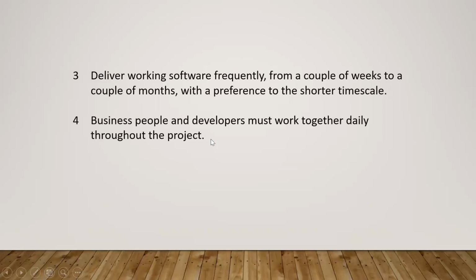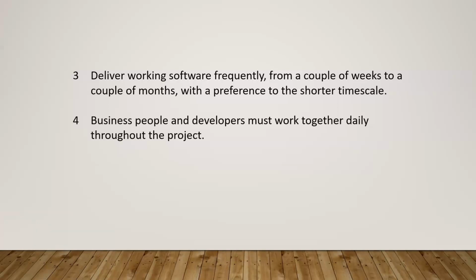Okay, right. The next thing, business people and developers must work together daily throughout the project. Here the developers and the business people, stakeholders, customers, they will be there. If you say daily it may not happen, but the feedback will be taken from the product owner or from the BA or from the Scrum Master who are in touch with the business.